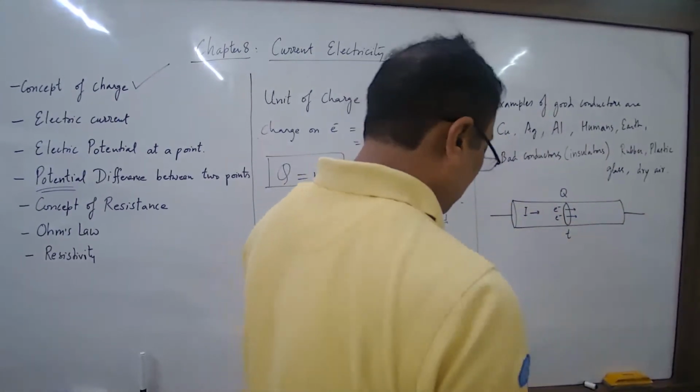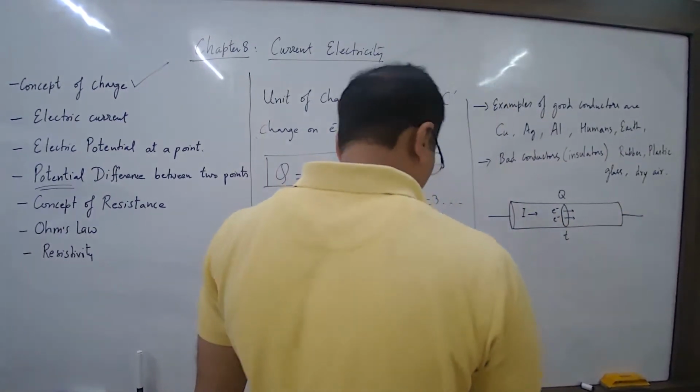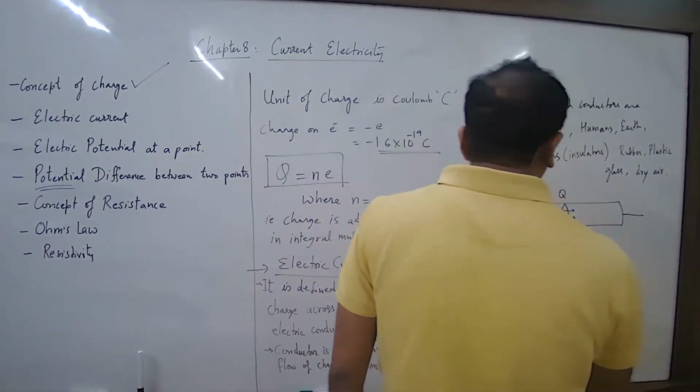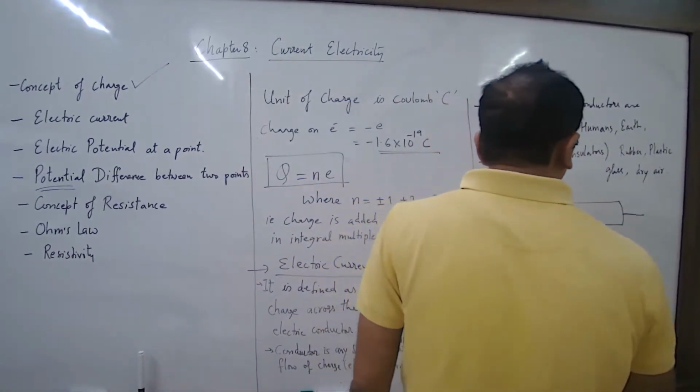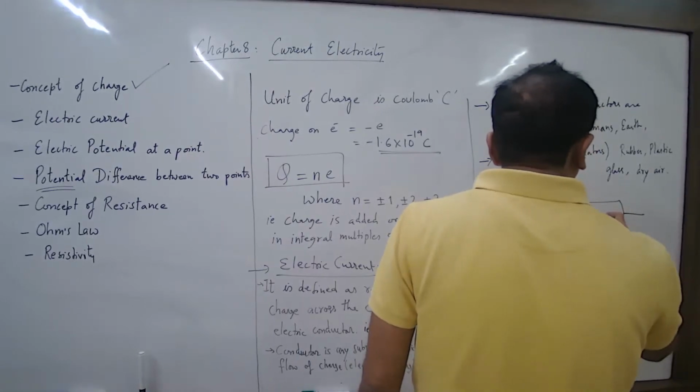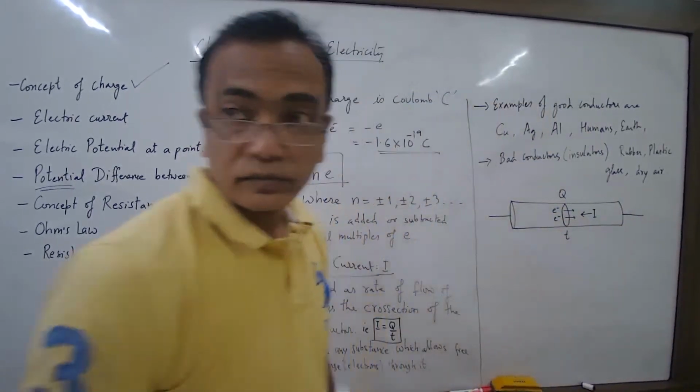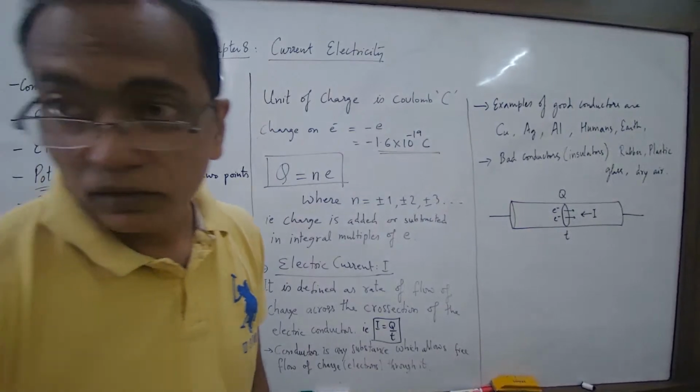Let's say this is I. So will I be in the same direction as flow of electron? No. Current direction is always taken opposite to the direction of flow of electron by convention. Okay.